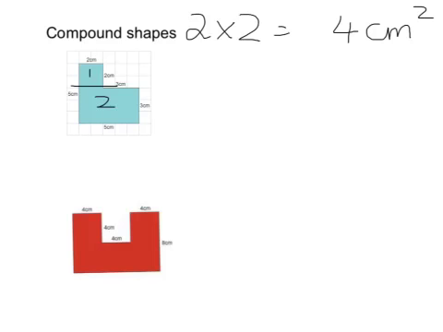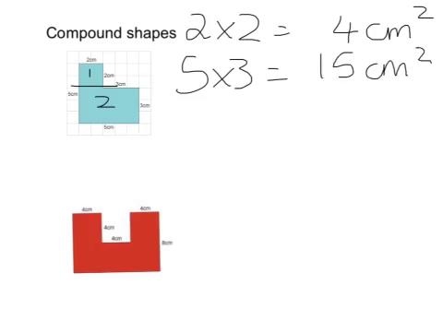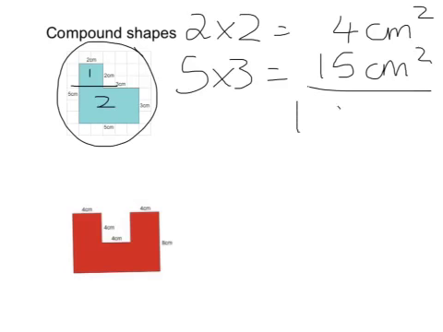To find the area of shape 2, I would need to do 5 times 3. 5 times 3 equals 15 centimetres squared. So, to find the area of the whole shape, I just need to add these together. So the area of that compound shape would be 19 centimetres squared.